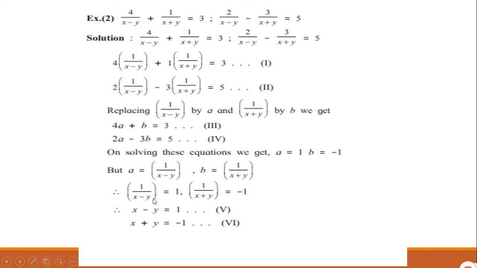Like cross multiply. Here we get x minus y equal to 1. And for this cross multiply these, we get x plus y equal to minus 1. Again solve these equations and we get the solution as x equal to 0 and y equal to minus 1.